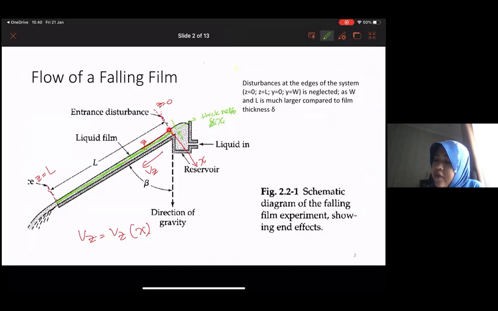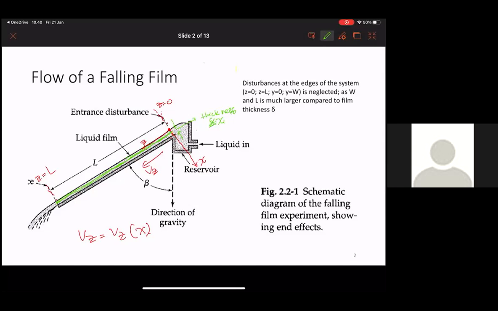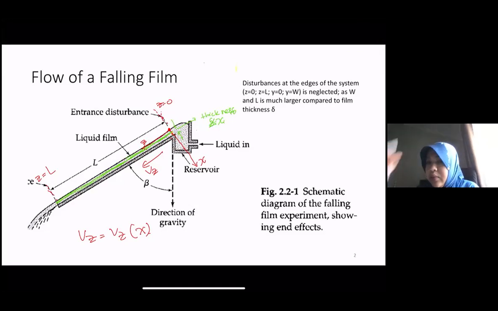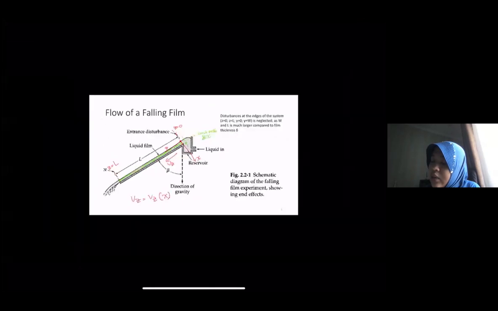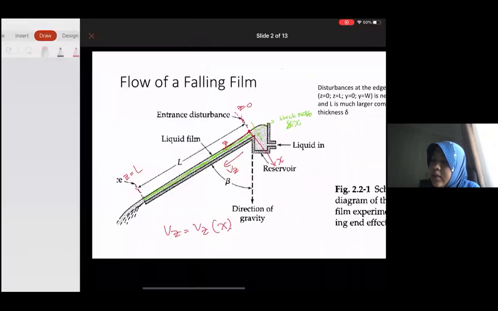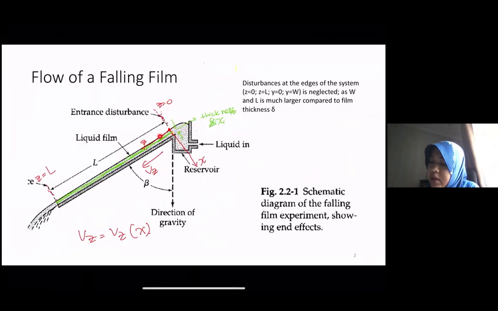Do we have fluid flowing into the x direction, coming in here? No. So then we don't have Vx, because the flow is only with respect to the z, but no flow going in that x direction.